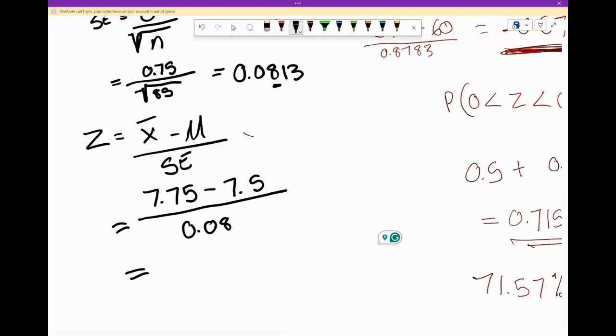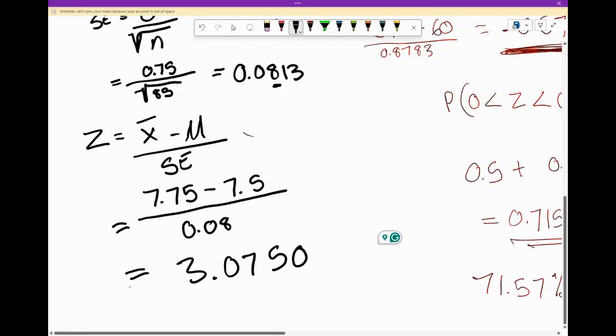If we're to think of this mathematically, you get 3 comma 07, 3075. Okay, fine. We'll park it at that for now.